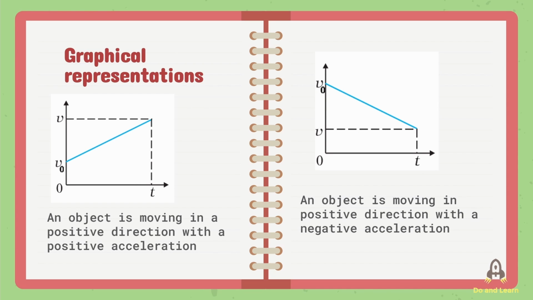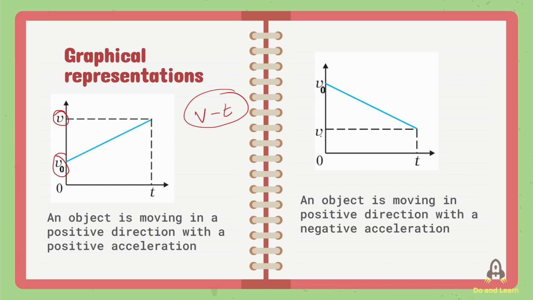Continuing the graphical representation, an object is moving in a positive direction with a positive acceleration. In this velocity time graph, you can see the velocity increasing from v0 to v in a particular time interval t. So the velocity increases: positive direction with positive acceleration.